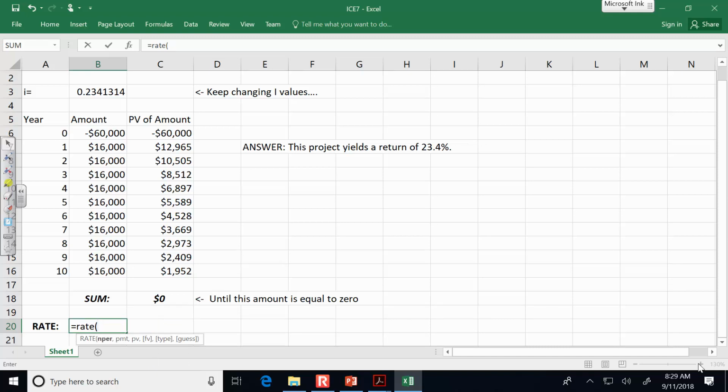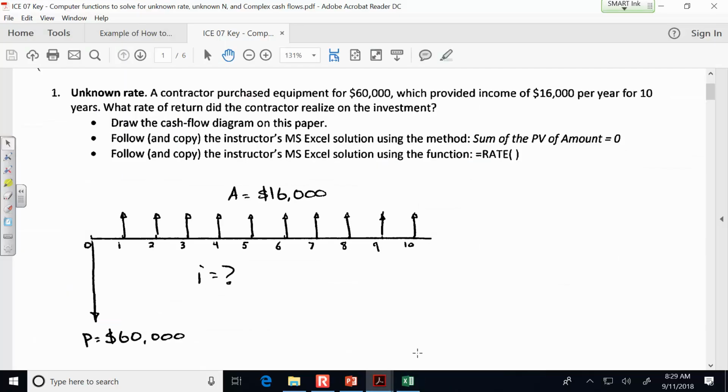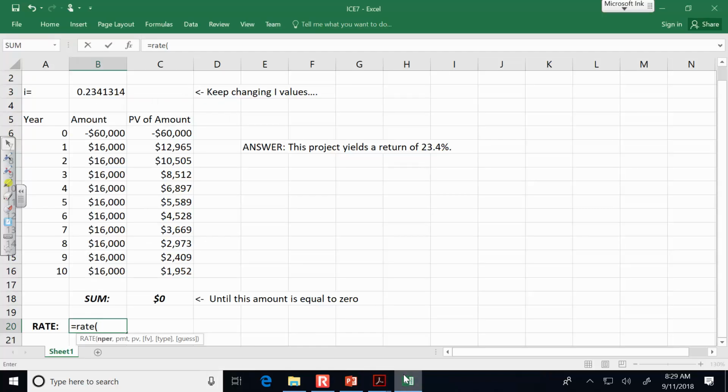So first of all, it says NPER. What that means is the number of periods. So in this cash flow diagram that we were looking at, how many periods are there? 10 periods. All right, so I'm going to type in the number 10, and then a comma, and then here it says PMT.